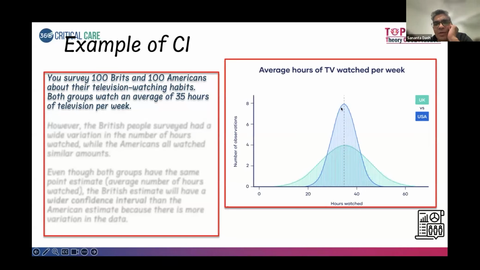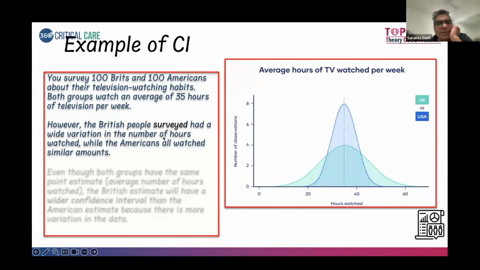The blue group is more narrowly distributed around the mean. We talked about this; the kurtosis is high for the blue group. So US people watch a more or less similar number of hours, compared to the British people who vary widely. The British people surveyed had a wide variation in the number of hours watched, while the Americans are watching a similar number of hours to each other.